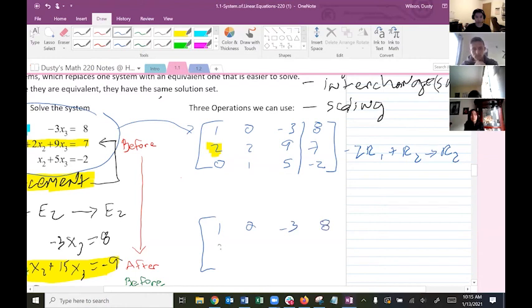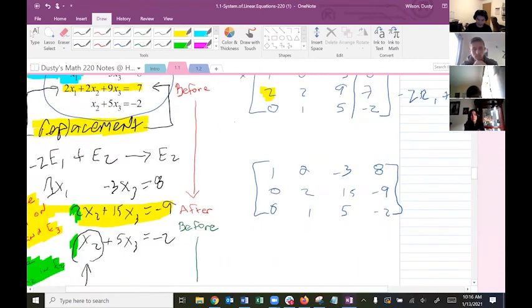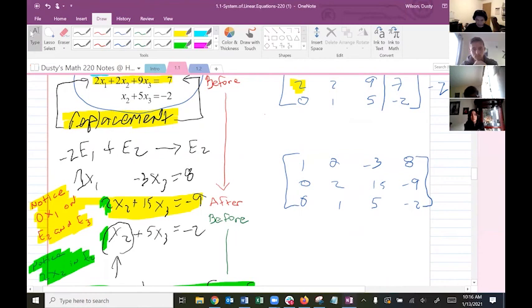Second row, 0, 15, -9. And then the third row stays the same, 0, 1, 5, -2. If you compare what we had before, you'll see the 1, 0, -3, 8, and the 0, 2, 15, -9, and 0, 1, 5, -2.